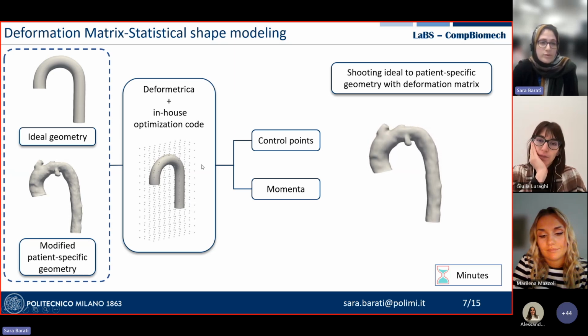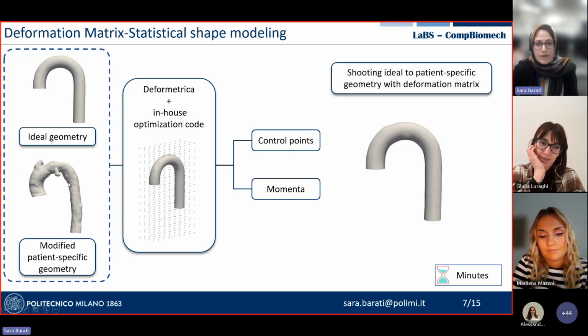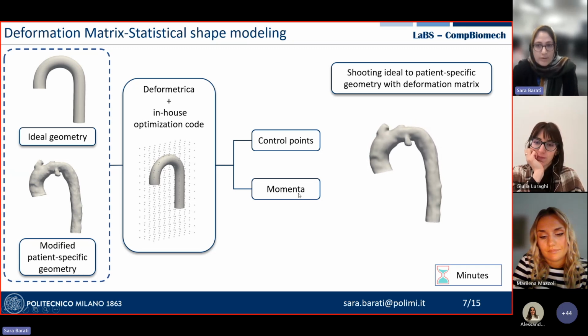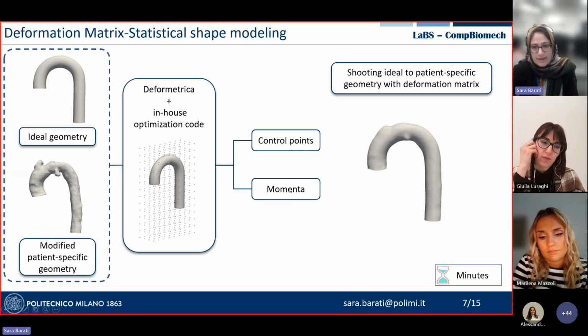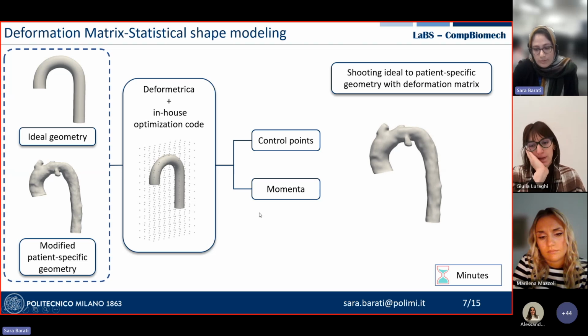We do the registration of Deformetrica multiple times, and then, measuring the error between the deformed geometry and the patient-specific geometry, we get the best fit for control points and momenta that give us the high fidelity geometry of the patient-specific model. And in the end, we use the shooting module of Deformetrica, which takes the control points and the momenta to shoot the ideal geometry into the patient-specific geometry, which takes only a few minutes.